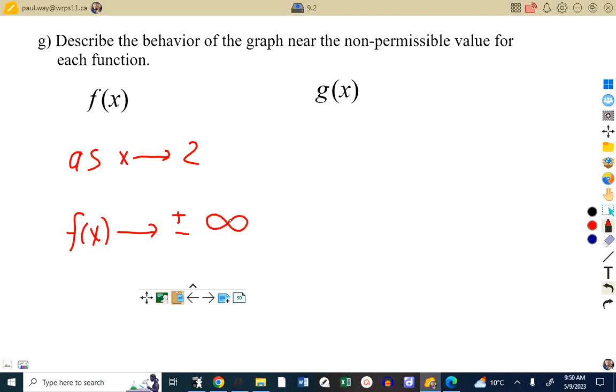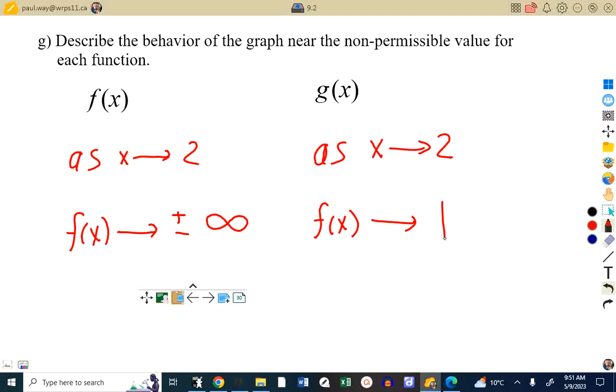As you get closer and closer on the graph of f of x to x equals 2, the graph takes off to the sky and towards the floor. However, in g of x, as x approaches 2, g of x approaches 1. Don't read too much in the word zeroing, but the y coordinate is zeroing in on 1. It's getting closer to 1.